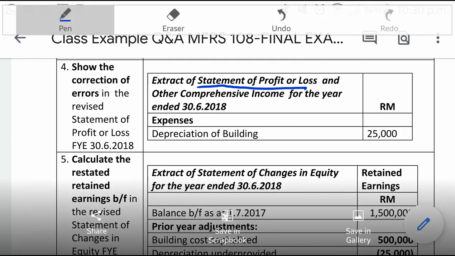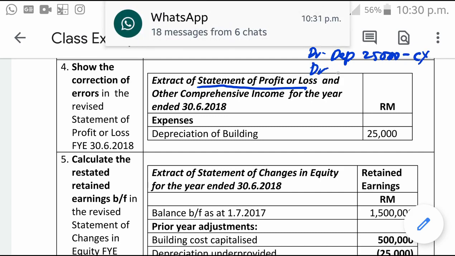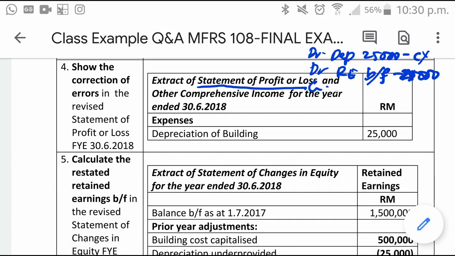So depreciation was earlier being debited. If you can still recall, we do this. Debit depreciation 25,000 in the current year. We also do this. Debit retained earnings brought forward for our prior year, with the 25,000. And we do this too, credit accumulated depreciation.